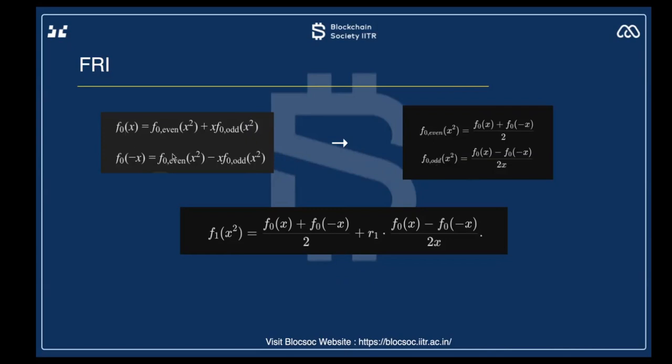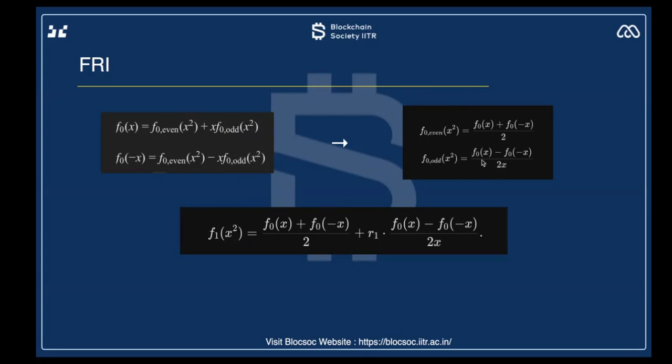When you add these two equations, this term gets cancelled, and you can get the expression of f of even. Similarly, when you subtract f of minus x from f of x, this term gets cancelled, and you will get the expression for f of odd.